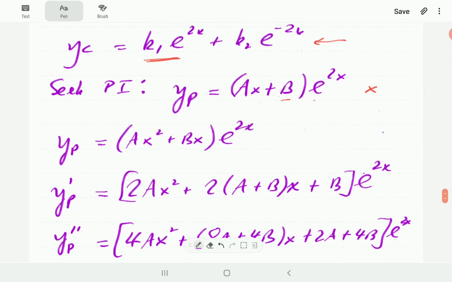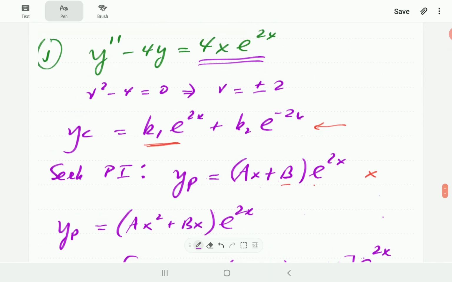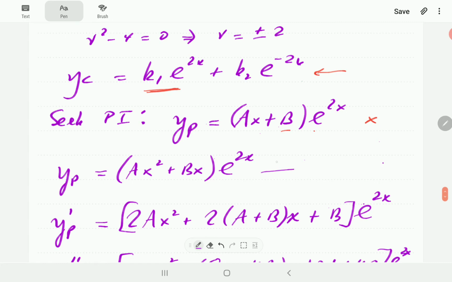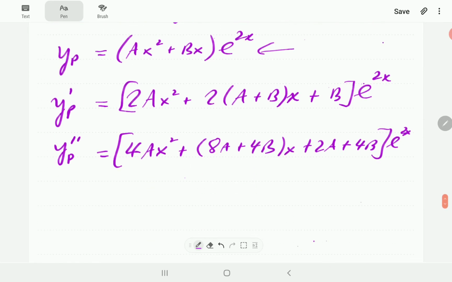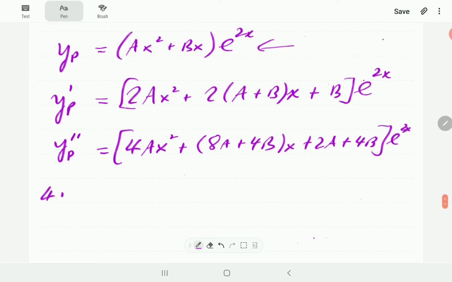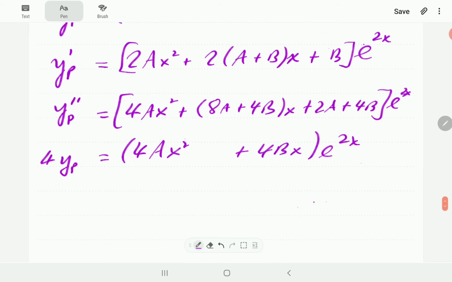Now the ODE is y double prime minus 4 times y. So we need to multiply this by 4. So I'm going to multiply it by 4 and write it here under the y double prime. So there's going to be 4ax squared, and then there's going to be 4bx e to the 2x.